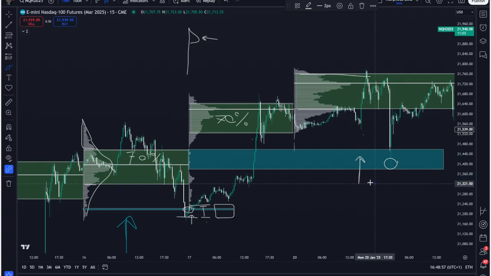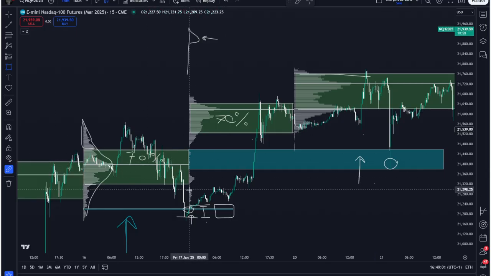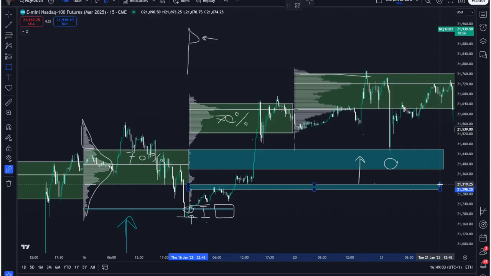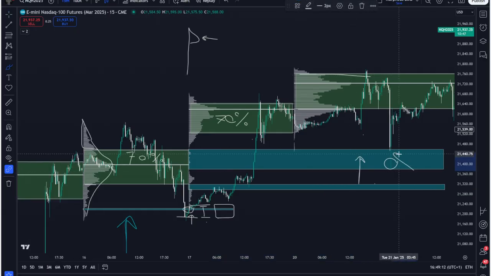The same I could say for the second level, which is this one. The market didn't reach it. You can also merge these two levels. What I will do here is the same. I will step in when the footprint is giving me the confirmation, and we will go deeply into the footprint in the following session.